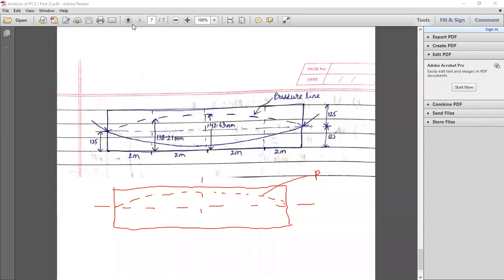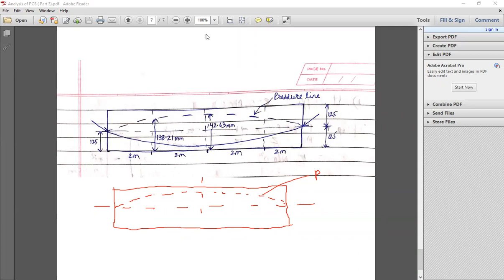Yes, others. What about others? Is it clear? Any doubt in this? ठीक है, so when the tendon is straight, so first जो problem बताया straight away you can do this. When the tendon is parabolic, so you have to do like this. Yes, others.